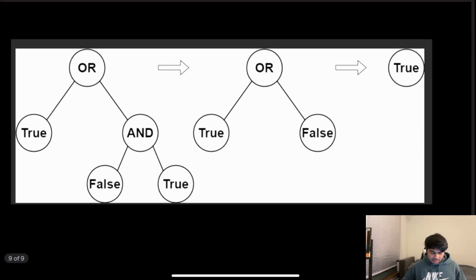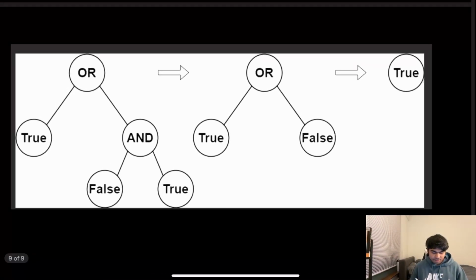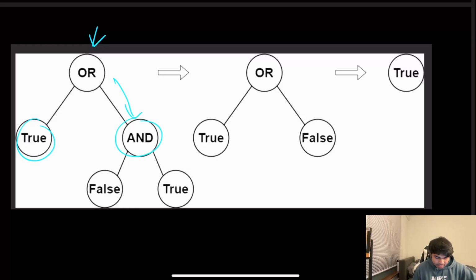So the non-leaf nodes will be either OR or AND. Here, when we are evaluating this tree, from the left it's getting true, and from the right it has to process this AND, which has false and true.